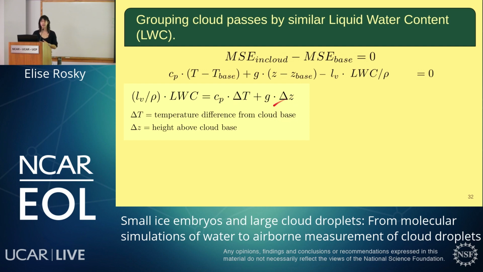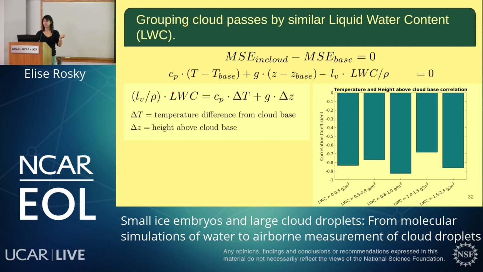But if it's at a lower height above the cloud base, then the temperature difference between that cloud pass and cloud base will be larger. So that tells me that delta T, temperature from the cloud base, and delta Z, the height above cloud base, should be inversely related if I'm looking at a set of passes with the same liquid water content.